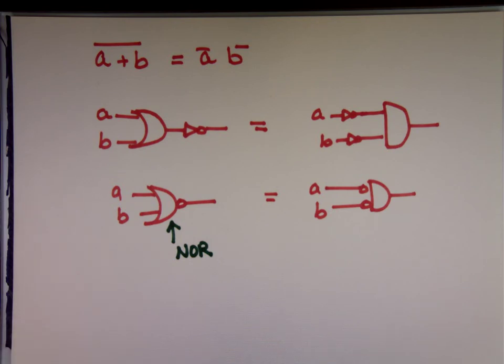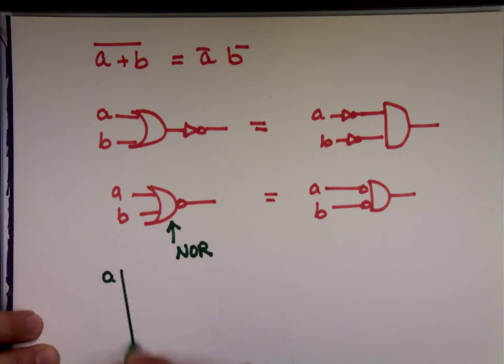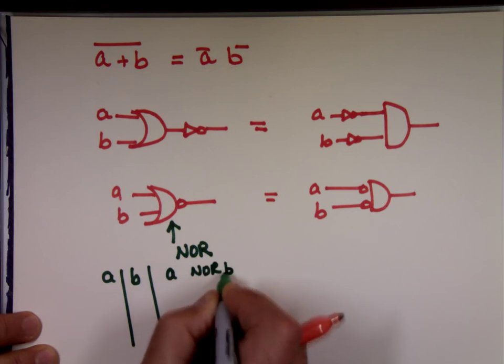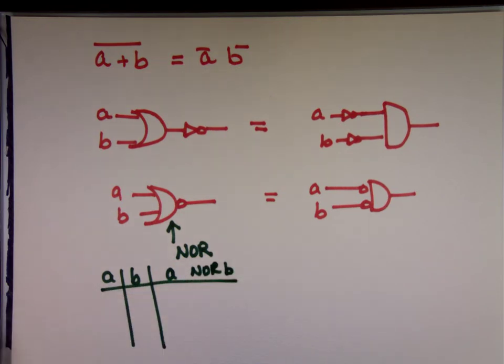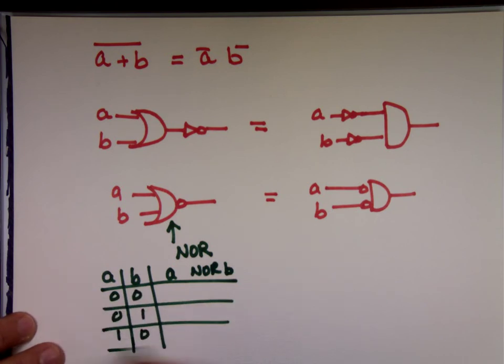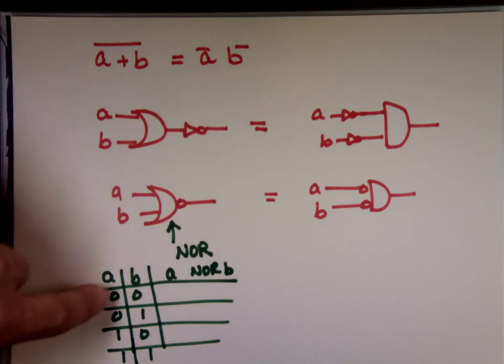A NOR gate, it looks like this. If your inputs are A, B, and A NOR B: 0, 0; 0, 1; 1, 0; 1, 1. Just think of the NOR gate. It's an OR with the NOT. Now, a normal OR gate, what's 0 or 0? 0.